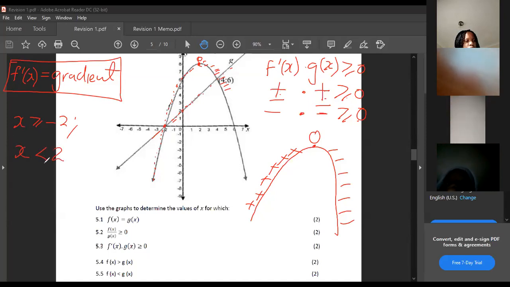I don't say or equal to, because at 2 is a turning point. The gradient is 0. So I break here, I end here. Okay? So I've done this part.